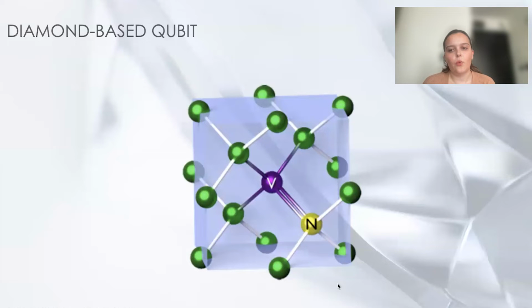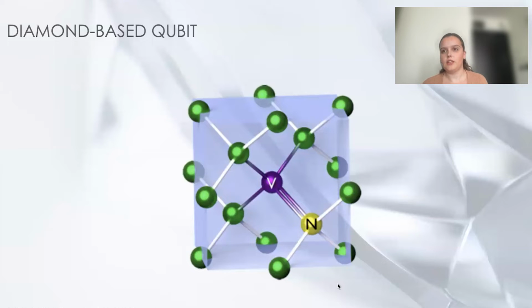And what that's able to do is it provides an imperfection within the material. And this can actually just be found using specialist microscopes. So we have this nitrogen vacancy center.